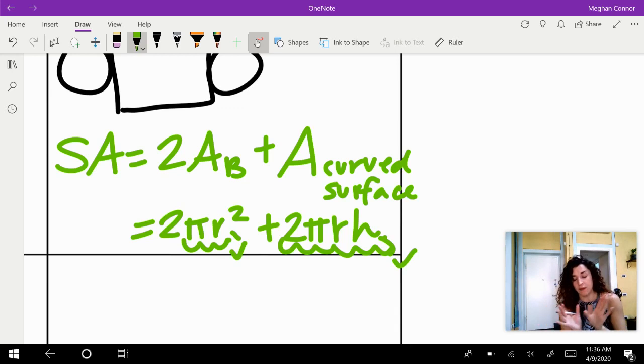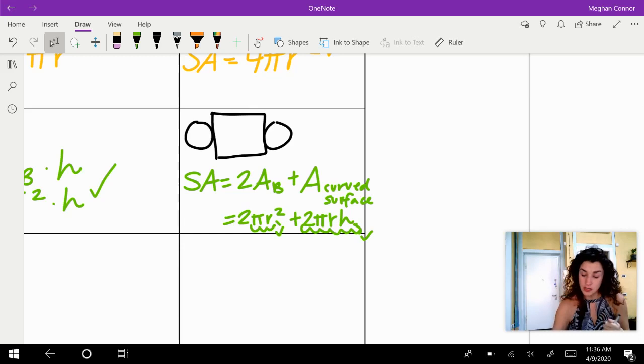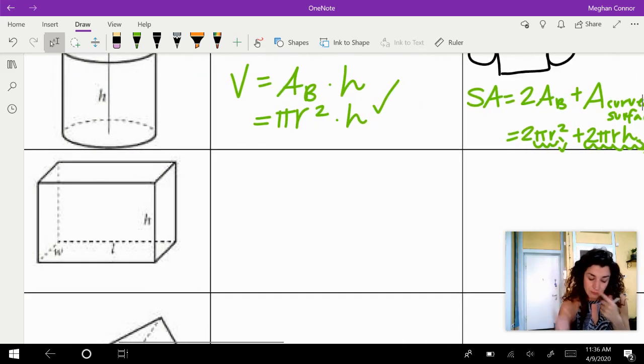So try and find a way to tell yourself the whole thing is not in your formula packet, but each piece is. And as long as you can understand the idea of breaking down these 3-dimensional shapes into 2-dimensional shapes, then you're good to go in terms of finding those guys. Okay.